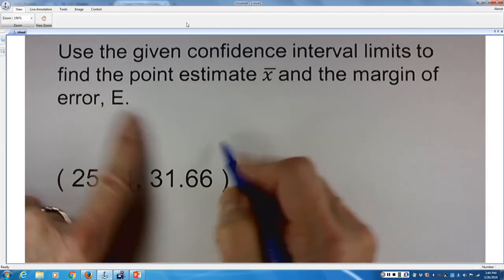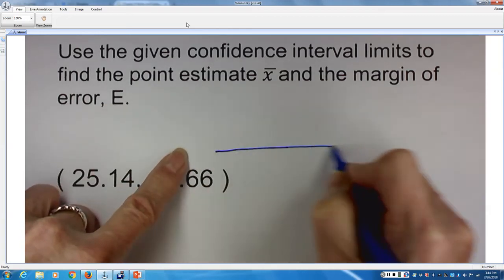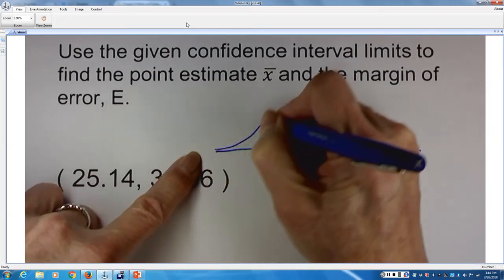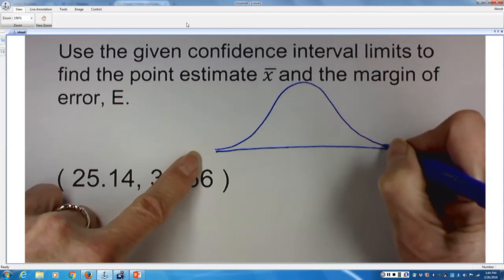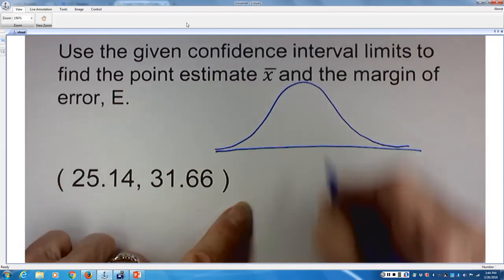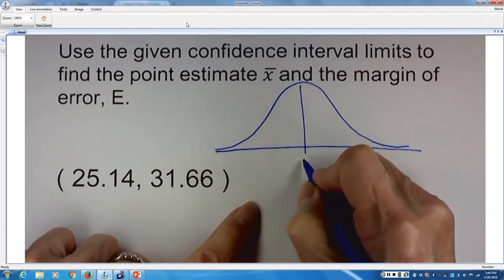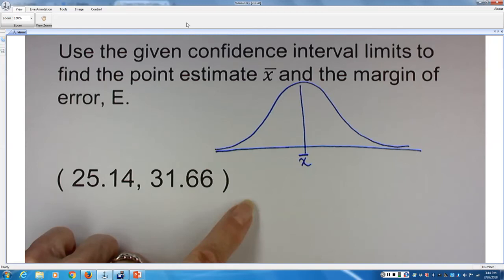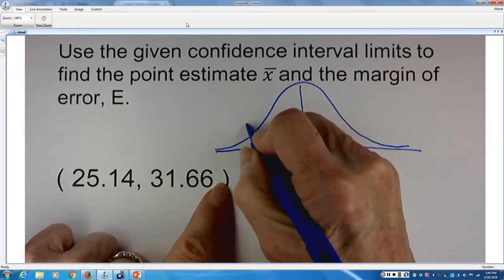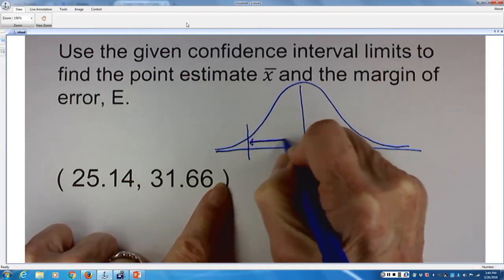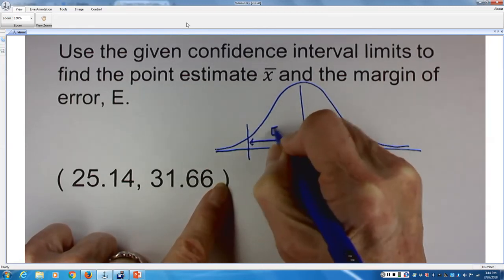Now remember what we're doing here basically is we're going backwards. So we would like to know this, and we'd also like to know this.